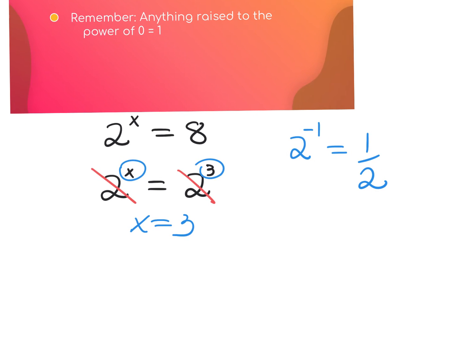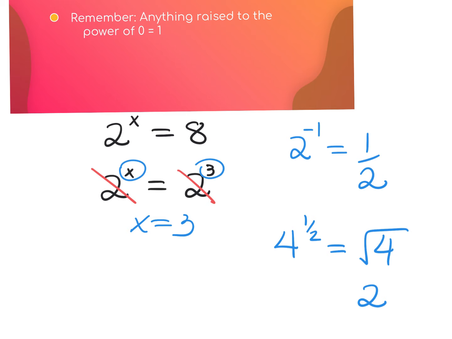Also remember when you have a fraction exponent, for example 4 to the 1/2, this is really saying find the square root of 4, and it's 2. So just remember, fraction exponents are going to become radicals, square roots, cube roots, depending on the exponent. And negative exponents turn it into a fraction. So let's just try some examples.